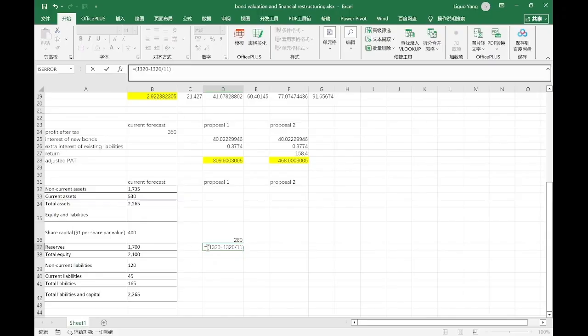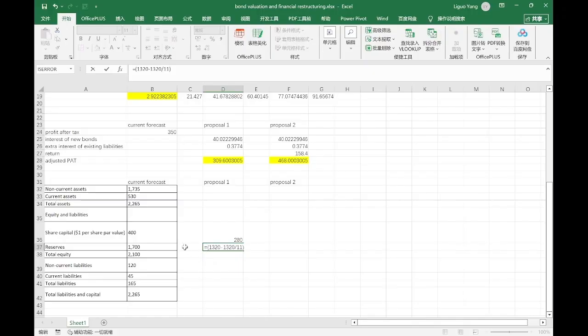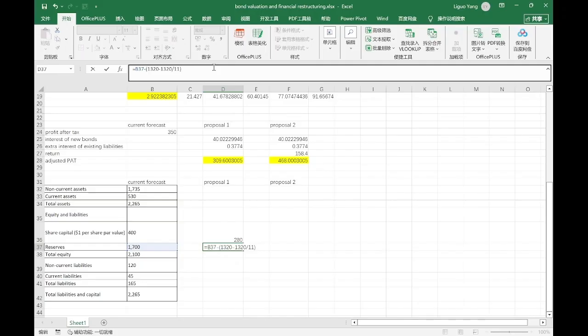So the rest of the reserves should be okay. But at the same time, we also need to consider the net loss of proposal 1.